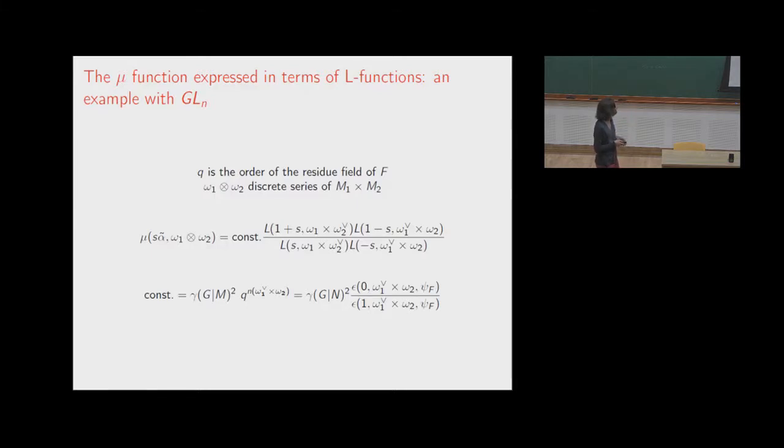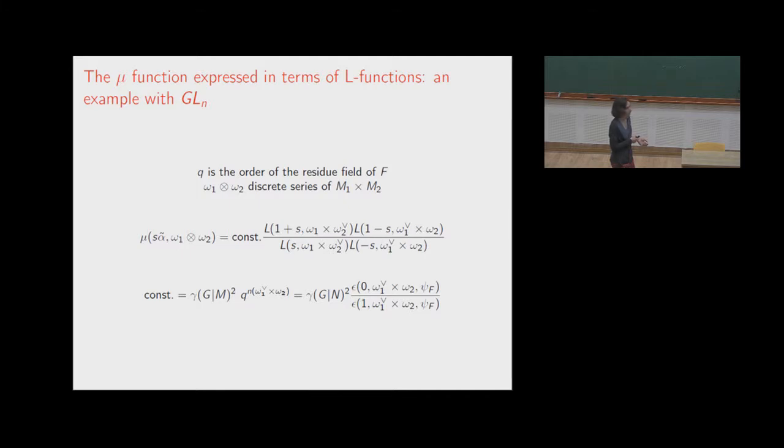So one example for what I said about L function in the context of GLN. F is the local field, where Q is the order of the residue field, and you fix some discrete series of this maximal parabolic, M1 times M2. Because it is a maximal parabolic, there is one root alpha which is outside of the roots in M. So in this context, Shahidi introduced this notation alpha tilde.